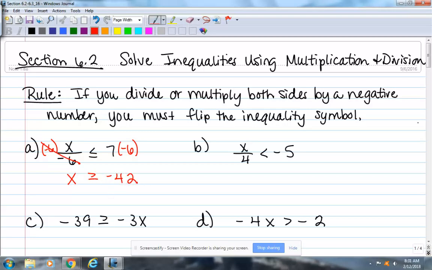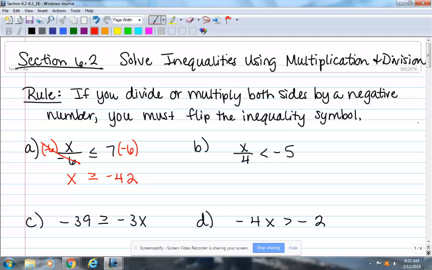And just to save time on this section, I am not going to make us do the number lines this time. I showed you how to do it in the first section, so you know how to do it if you have directions on a test. But any questions about this? The number we multiplied on both sides was a negative. That's why we flip. Okay?